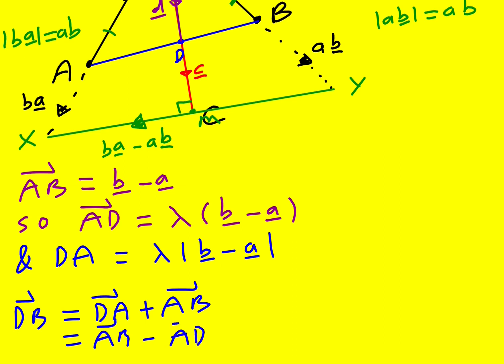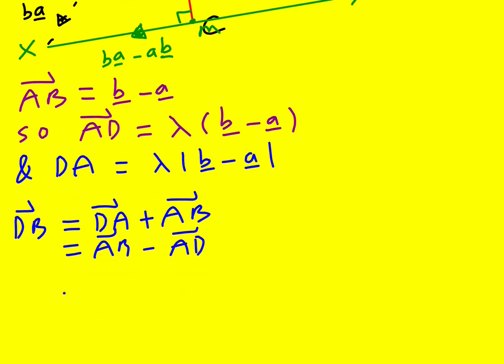I've just made the vector go in the opposite direction, make it a minus, because I know what both of these are. b minus a, and I'm going to minus lambda times b minus a.